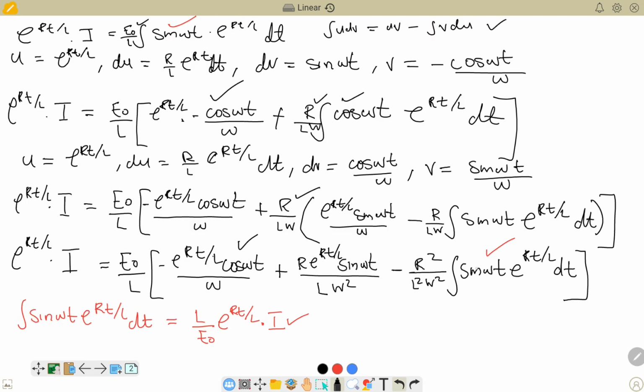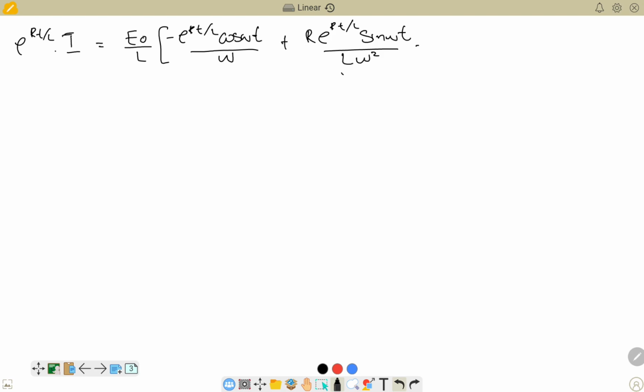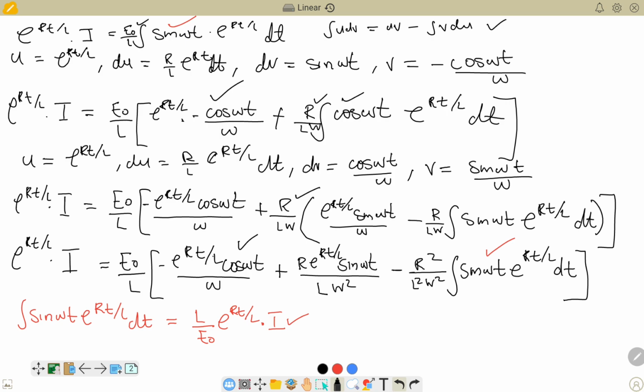So now we are going to the term that we need to replace. We can see that the constant is r square. Let me bring it closer to the minus. So it's r square over L square w. And then now the integral we need to replace with what we used the red marker for.